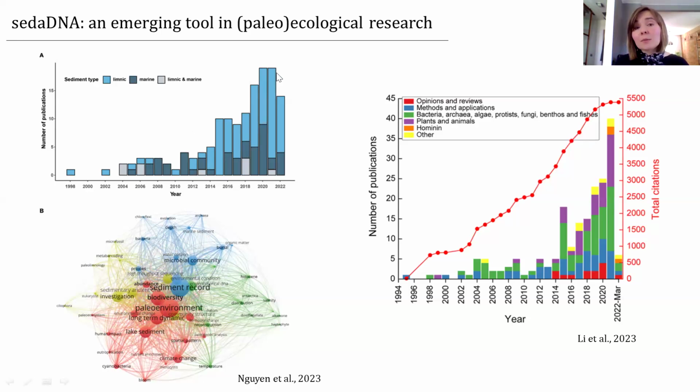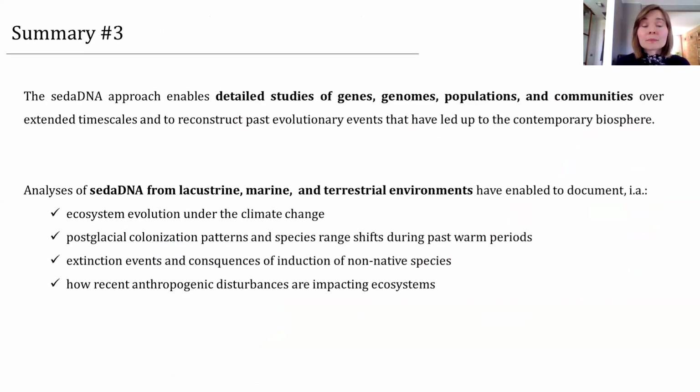Here is the graph regarding type of sediment: limnic, marine, or both limnic and marine. Here you see the type of paper and type of groups. So you see that it's gradually increasing, and it will be increasing more.